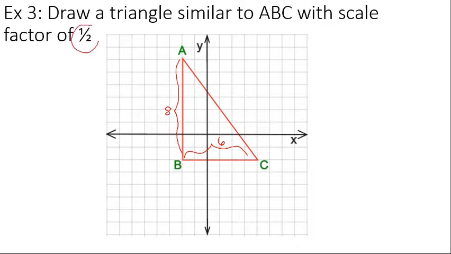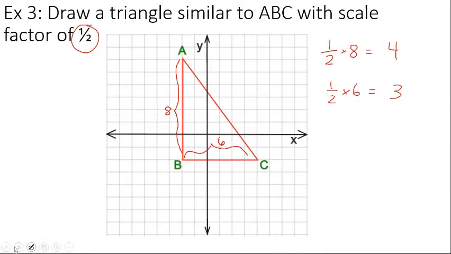So scale factor of 1/2 just means 1/2 times 8 is 4. And 1/2 times 6 is 3. So it means that we have to draw a triangle that has sides of 3 and 4.